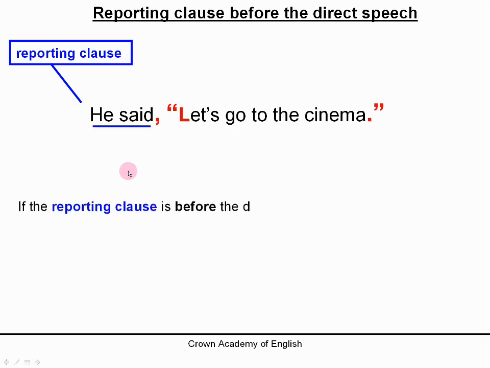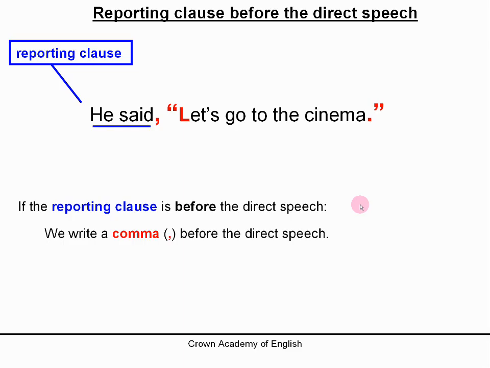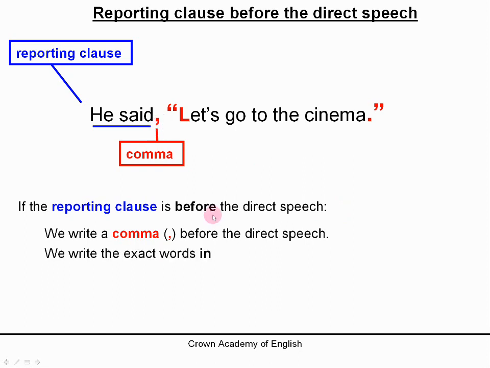So the rules are, if the reporting clause is before the direct speech, then the first rule, we write a comma before the direct speech. So this is the comma. So we must write this comma. And then we write the exact words inside the inverted commas.